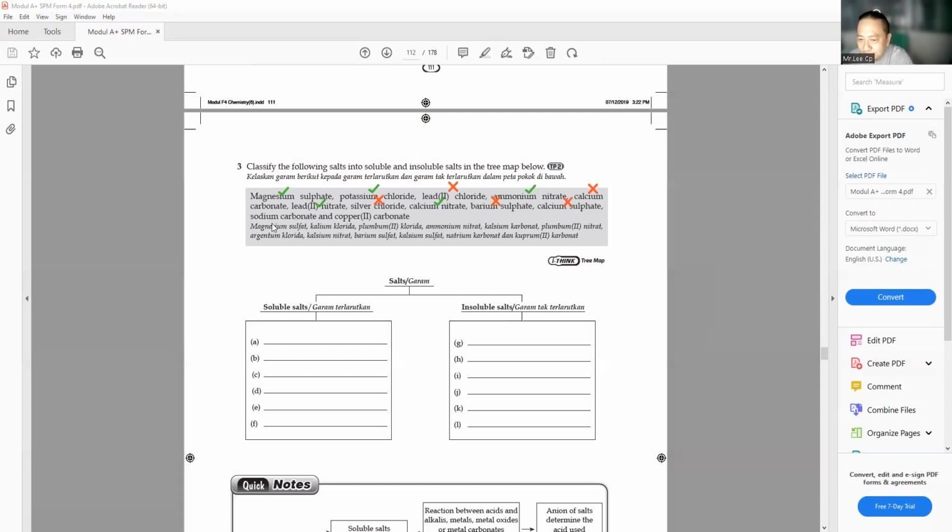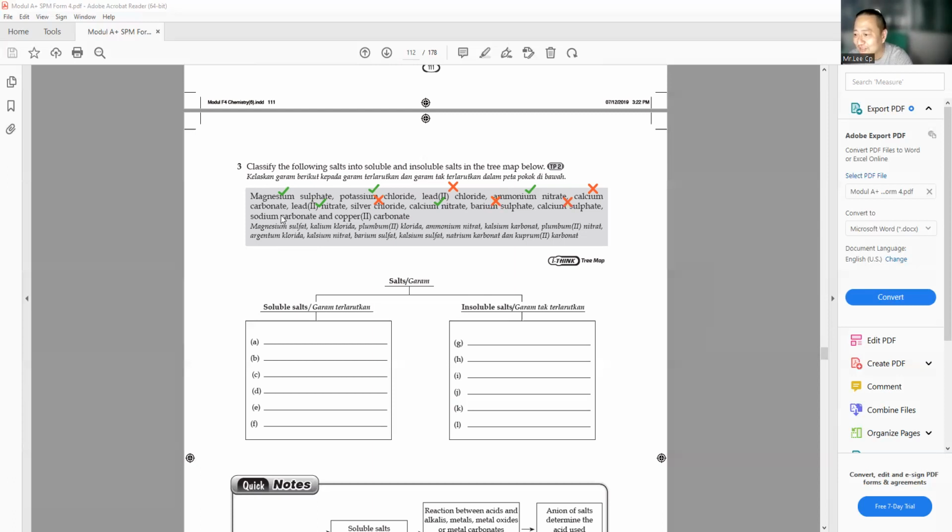Sodium carbonate. Jesse. Sodium carbonate. Soluble. Why soluble? 很坏哦，我 why soluble? What makes you say soluble?